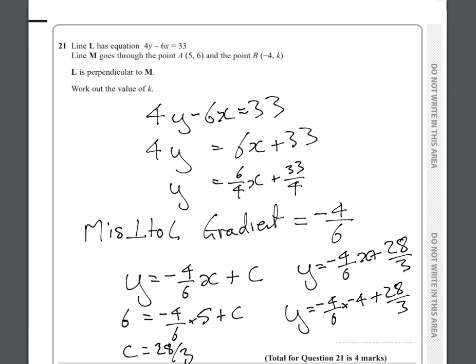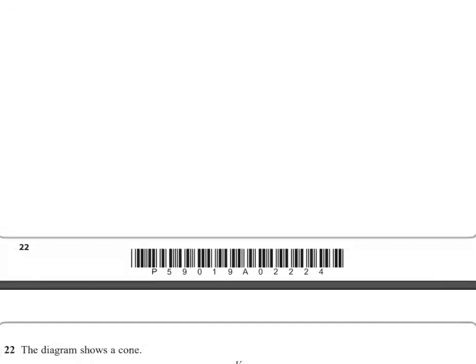Plug all that in. And you get y is 12. Okay, reasonably involved, but we've got there.